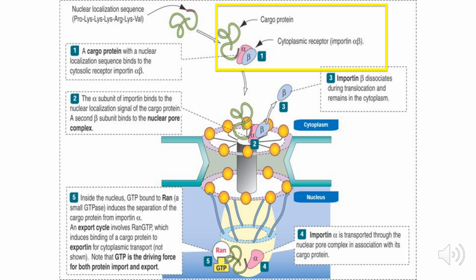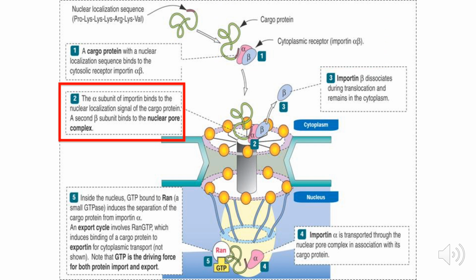Please appreciate that the importin has two subunits. You have the alpha and the beta subunit. The subunit that will bind to the nuclear localization signal is the alpha subunit. This importin will now accompany the protein with the nuclear localization signal towards the nuclear pore.